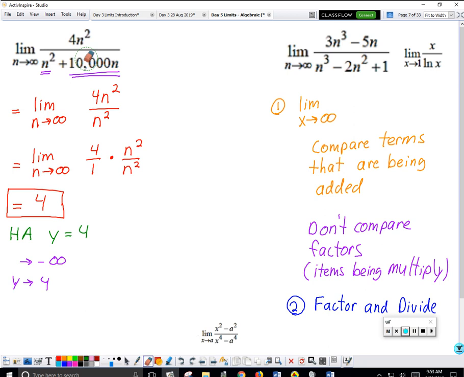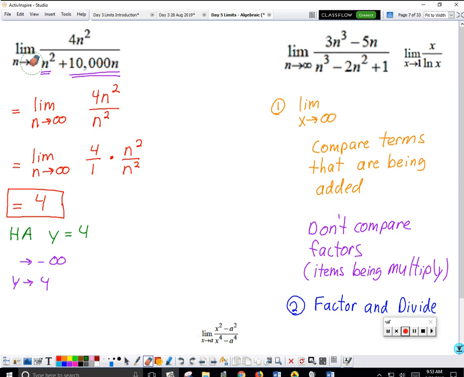Well, this would become very negative. This would be very positive. The positive and negative isn't important. What's important is this is so much larger than this. Cubed still would go faster.